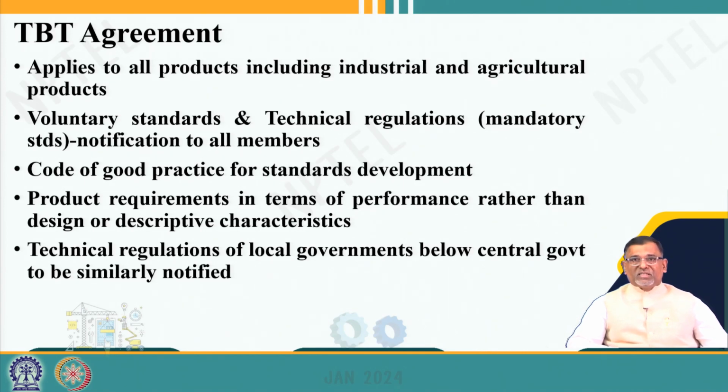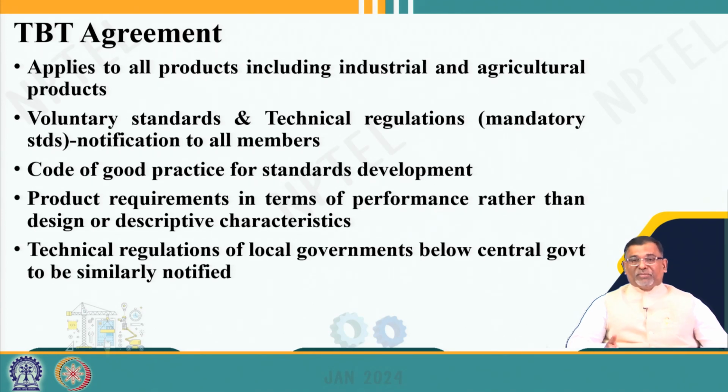And TBT is applicable to all industrial and agricultural products, and voluntary standards which we talked about, or regulatory technical regulations. There are mandatory standards as well as voluntary standards.